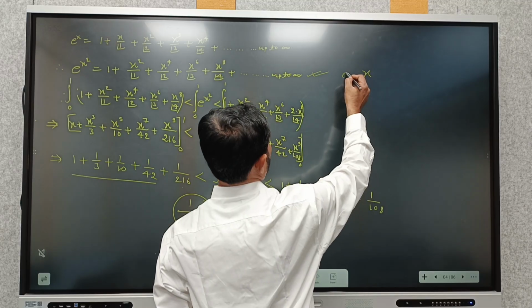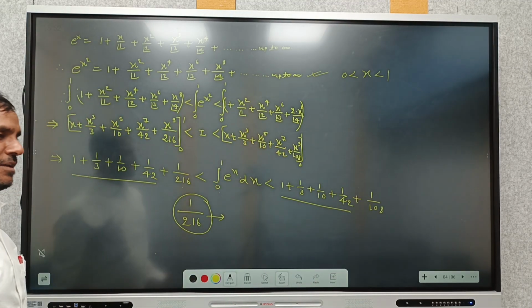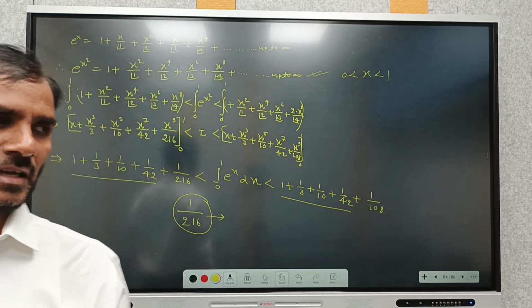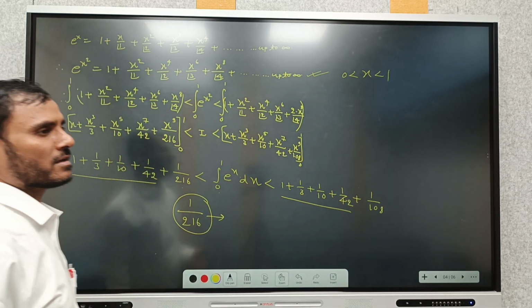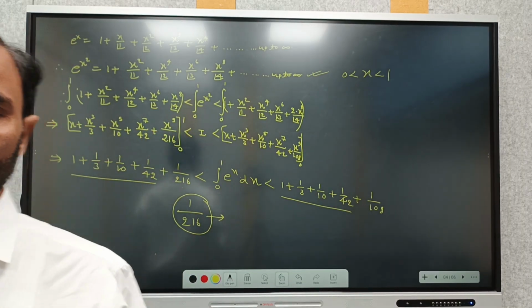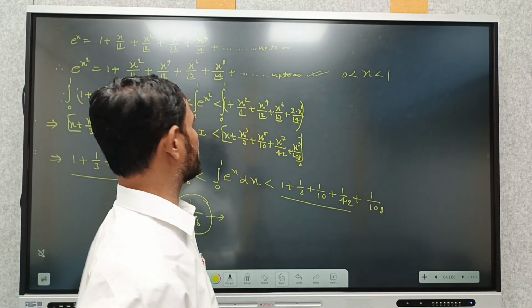If we take any number from 0 to 1 and increase its power, the value of the number decreases.